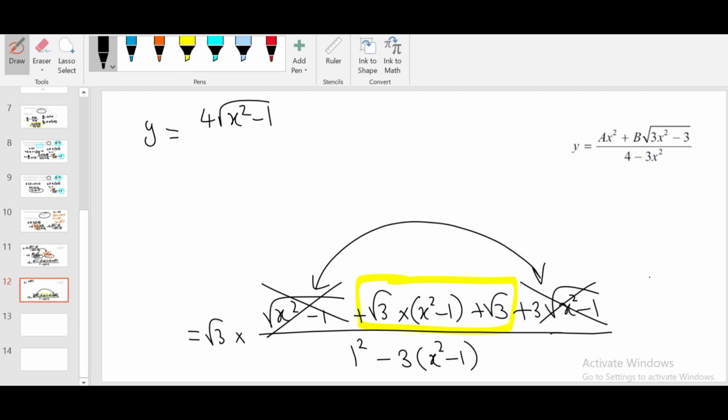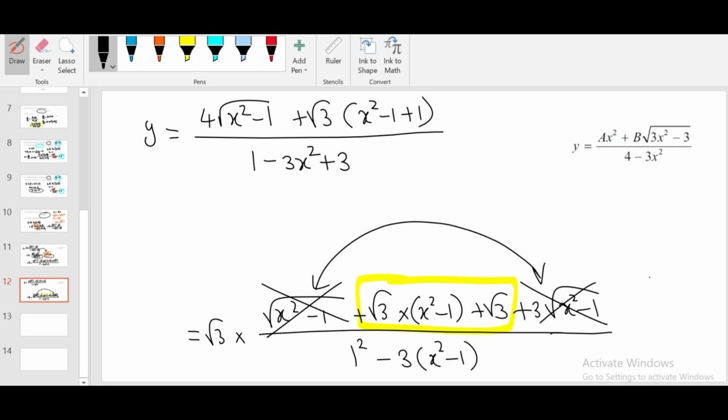So it's gone. Now we are left with these two terms. I'm going to take square root of 3 as a common factor. So I have x square minus 1 in the first term plus 1 in the second term divided by 1 square is 1, open the bracket, minus 3x square plus 3.